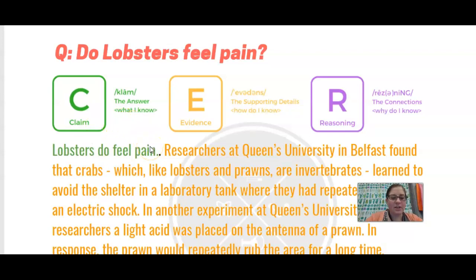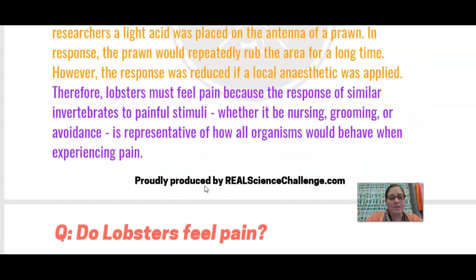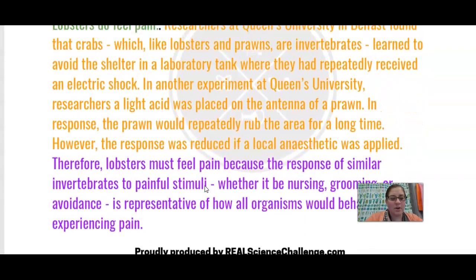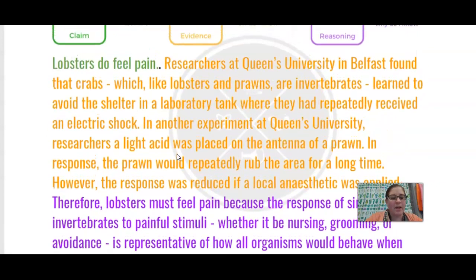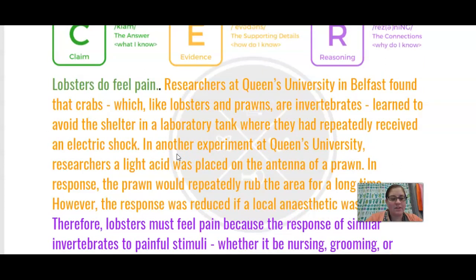And in the document, they go ahead and highlight those different parts of the scientific explanation. So the claim is in green. The evidence they provided is in a yellow-orange, and then in purple is the reasoning. As you can see, the purple is the link between the claim and the evidence.